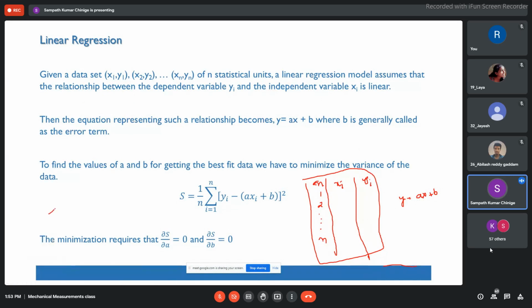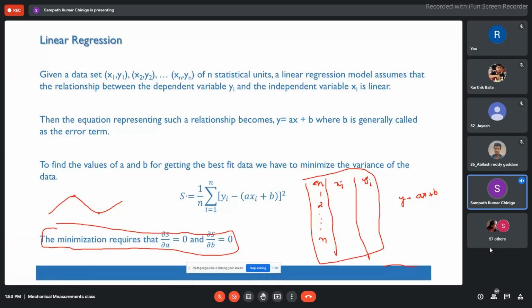Suppose this is a function, where can the value be 0? At maxima or minima, sir? Correct, at here or here. So those lines will tell you that they are linear. Therefore, what we are trying to do is the minimization requires that dou s by dou a equal to 0 and dou s by dou b equal to 0.